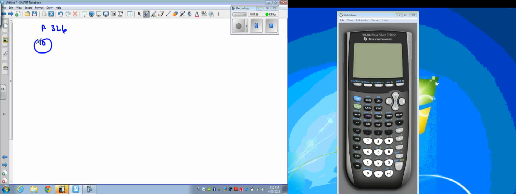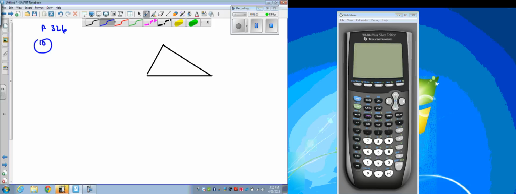What I'm going to do is lay this thing out and get some letters associated with it. So this is 3, and this is 60, and this is 8.